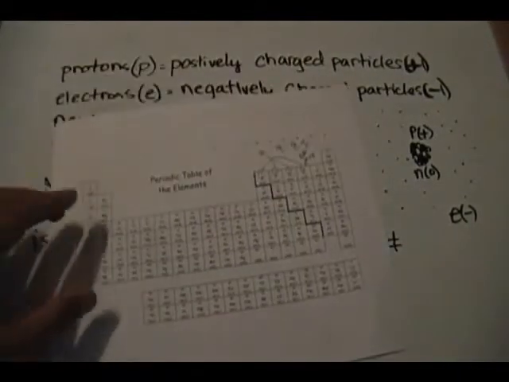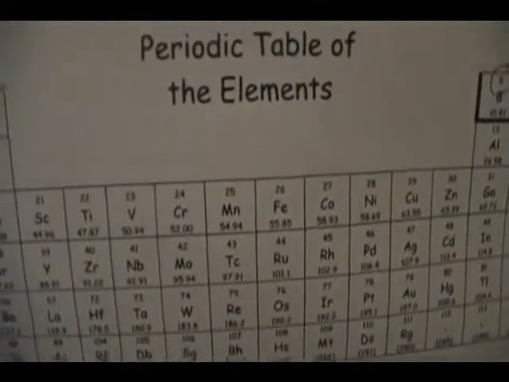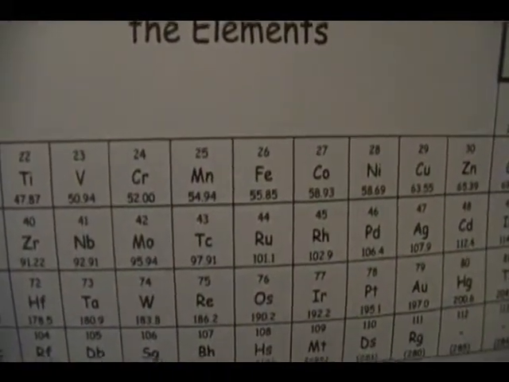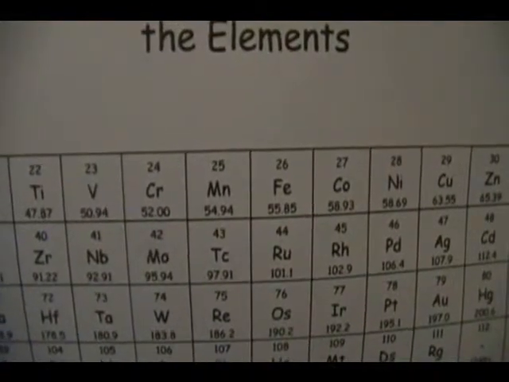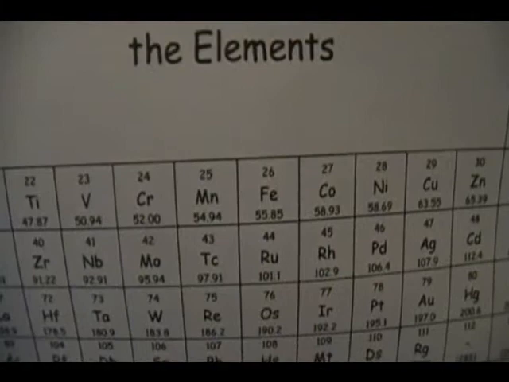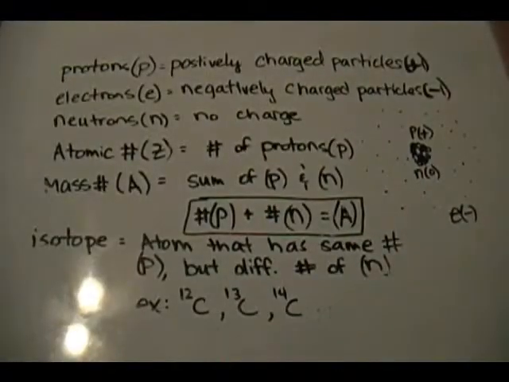We look on the periodic table, let's see 25. If you can see that right there, it's manganese, Mn, okay? So every isotope of manganese is going to have 25 protons. It's just that different isotopes of manganese will have a different amount of neutrons. Again, protons tell you the identity of a given element.